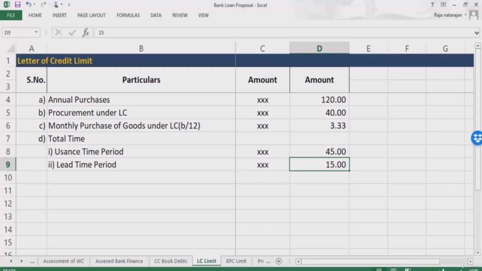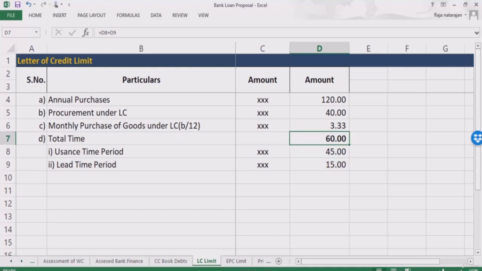So if I order goods today, it will take 15 days for manufacturing, and from there the 45 days count will start. So if I order today, payment will happen only on the 60th day. So we can say total time taken is 45 plus 15, 60 days.